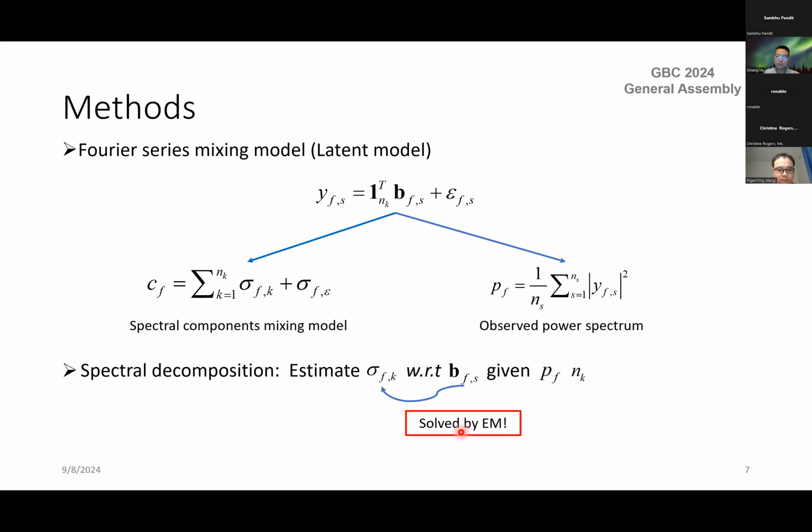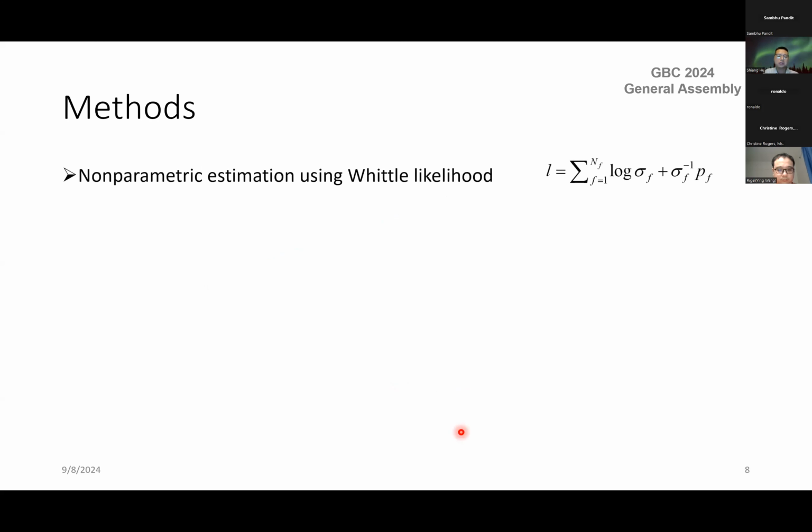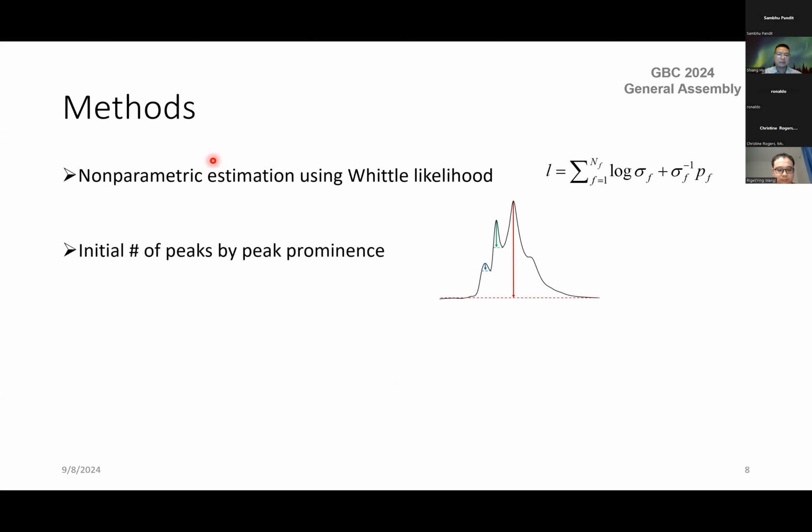This is solved by the expectation maximization algorithm. And theoretically, the Whittle likelihood, especially the non-parametric Whittle likelihood, is a statistically consistent estimator of the spectrum. And we applied this as the criterion to decompose the different processes of the spectra.